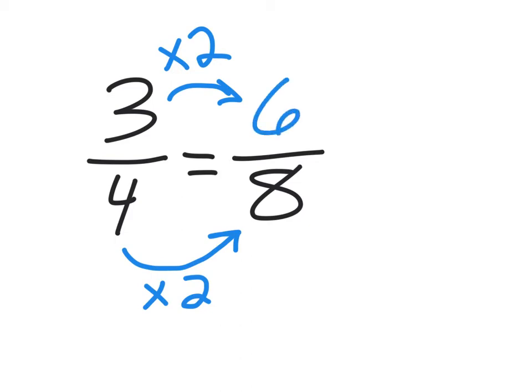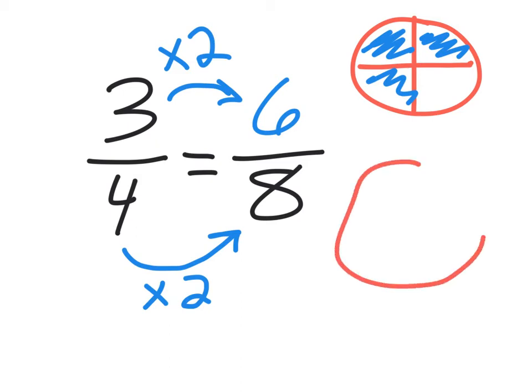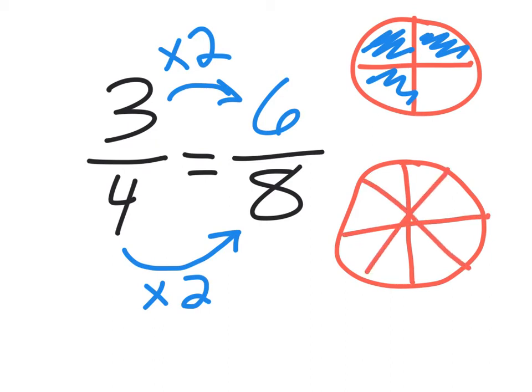So, if we were to draw pizzas on the screen here, if I had a pizza that was cut into 4 slices, this is what's happening here. There's 3/4. We can see that. Taking the exact same size pizza, sorry, very lumpy looking pizza, and cutting it into 8 slices, in order for me to consume the same amount of pizza as I did up there at the top, I would have to eat this time 6 slices.